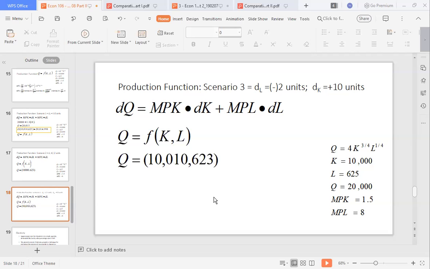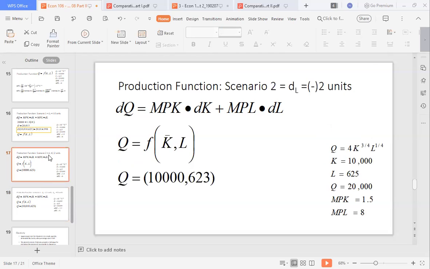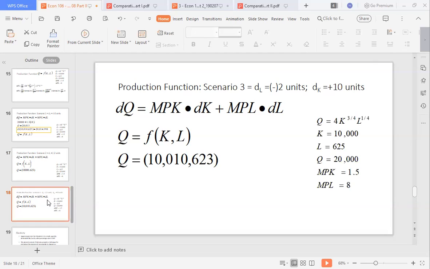So scenario 3, what will happen, class, if you allow all variables to change? You allow K to change, that is, we add 10 units to K, and you also allow L to change, meaning you deduct 2 units from the production. So you have 2 assignments. Again, it depends on you if you would answer it.